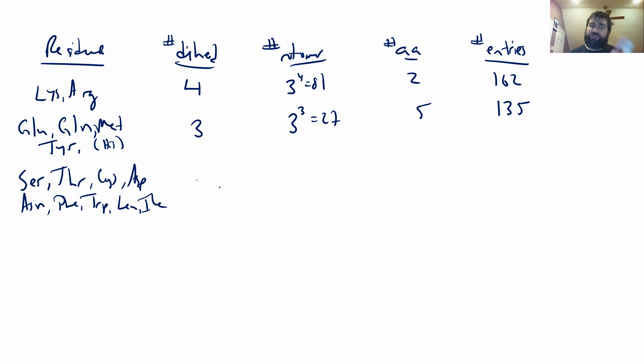These all have 2 dihedrals. 3 to the 2 is 9. And how many do we have here? 1, 2, 3, 4, 5, 6, 7, 8, 9. 9 amino acids, but they only have 9 rotamers each.